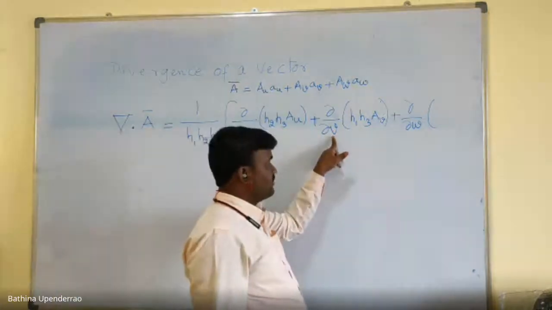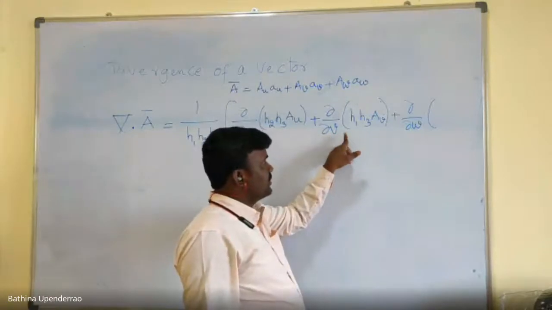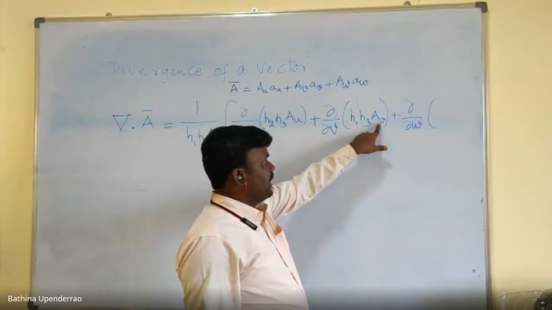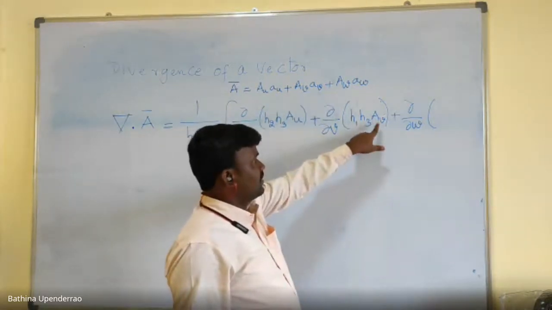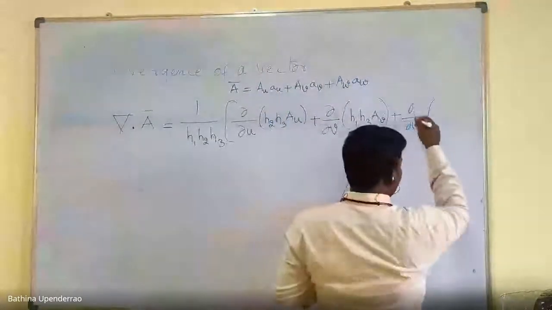Here v means second element, except h2 we consider the product of h1, h3 and the magnitude along v direction, or else vector component of A along v. Okay, that is dou by dou w.